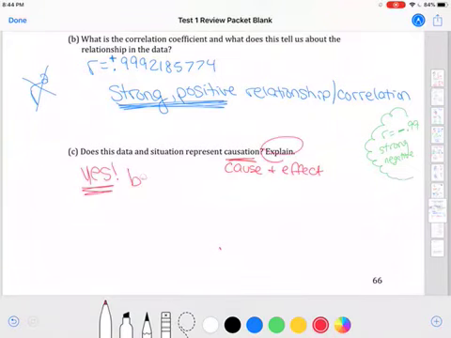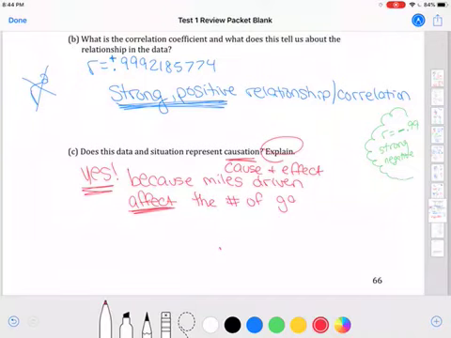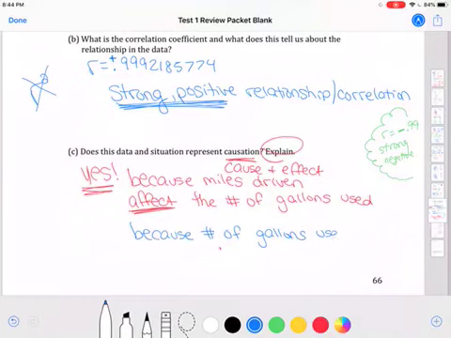And I have to explain. The only way to explain that is to just say because the miles driven affect the number of gallons used. You could also instead say because the number of gallons used is caused by.